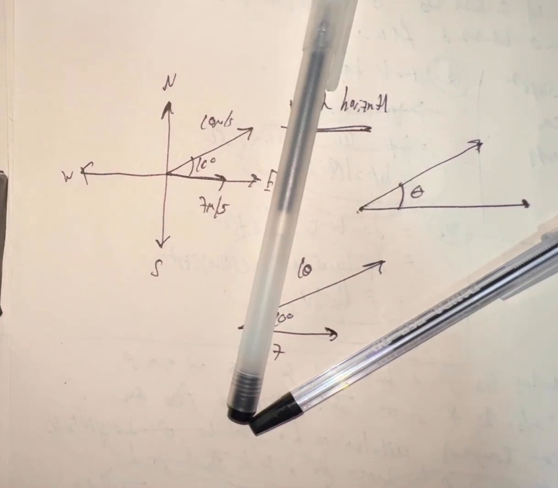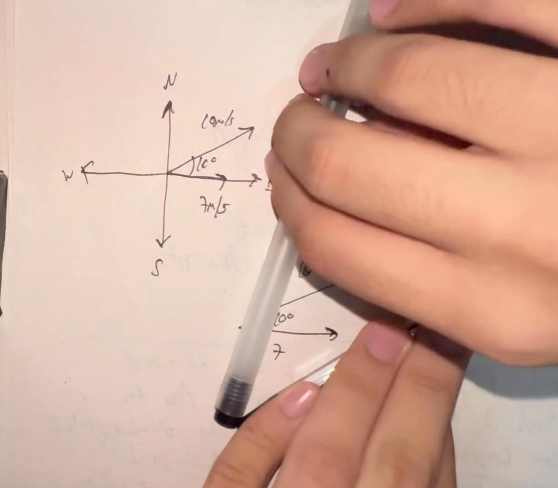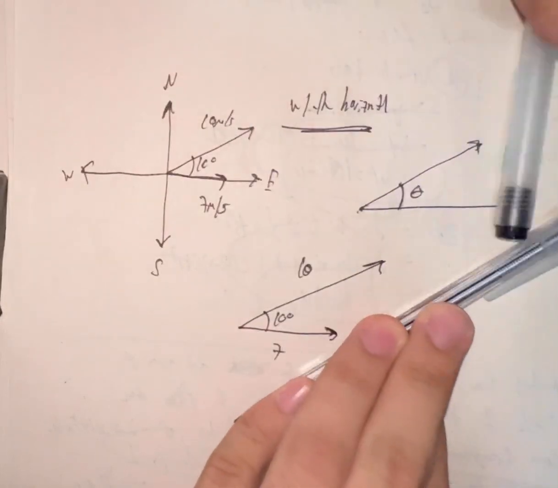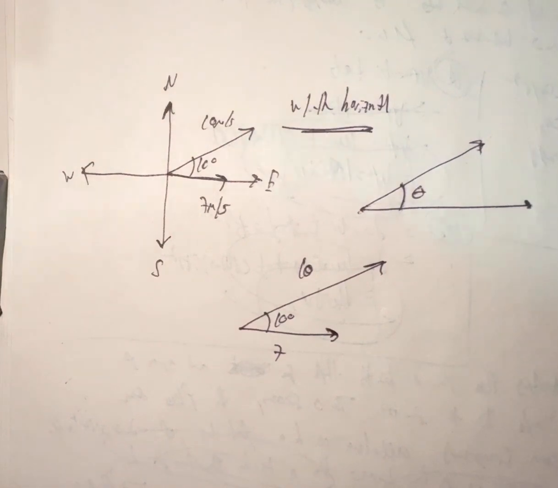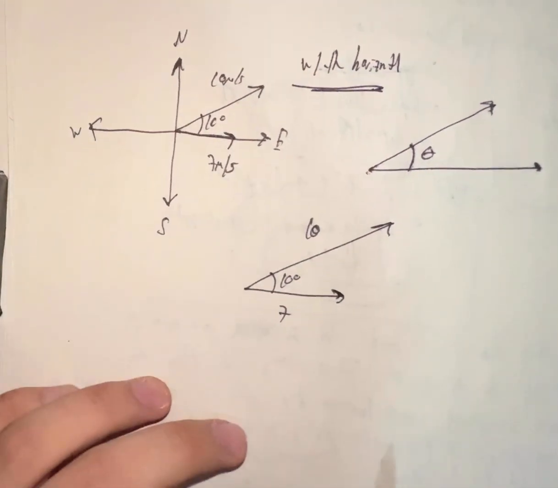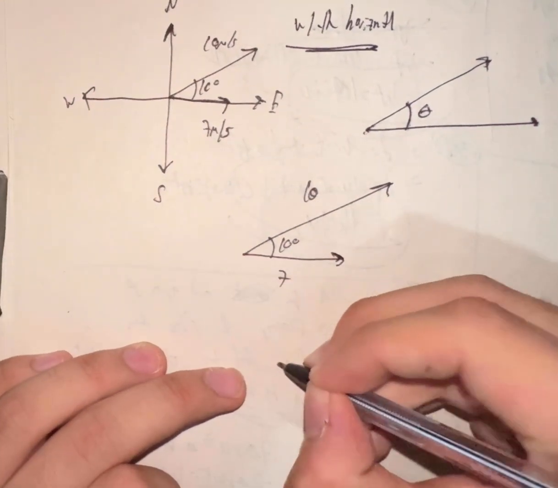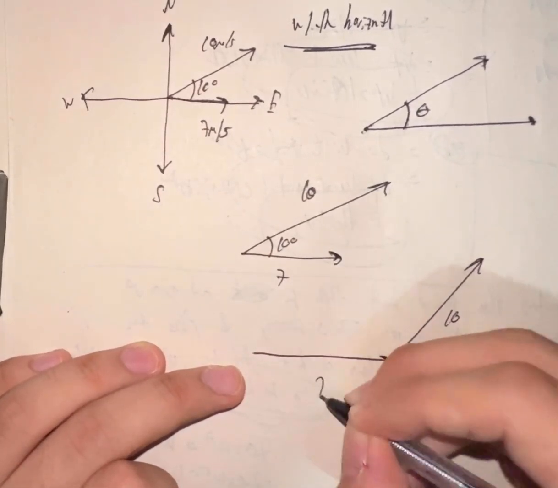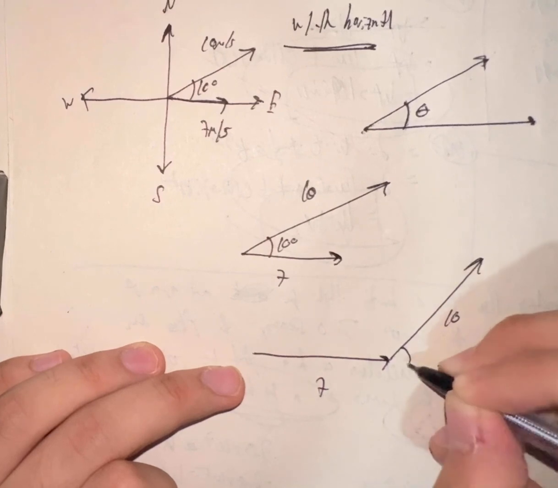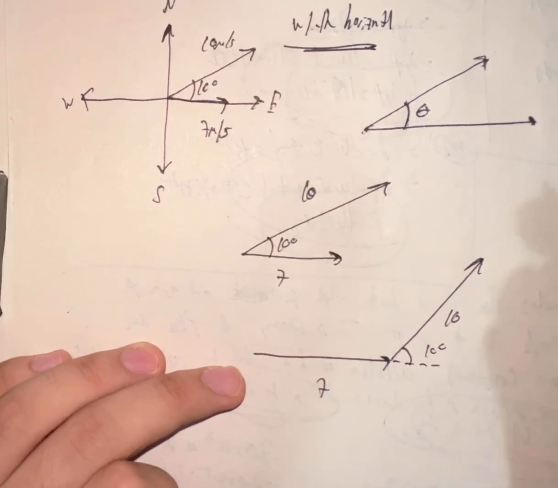Never. It's always going to be like that when translating. So since we have it translated, it's going to be like that: 10, 7, and 10 degrees here.